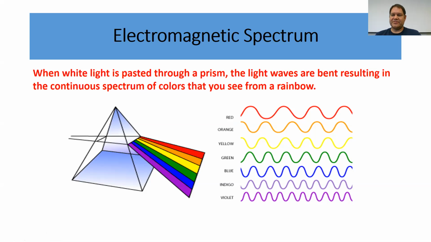So the difference between these different electromagnetic waves are the wavelengths, and you can kind of see that here. These red ones have wavelengths that are much larger. Let's see if I can actually draw this a little bit. So the red ones have a wavelength from here to there. So notice that the wavelength is much larger here than it is on violet light down here. Okay, the wavelength on violet light is much smaller.